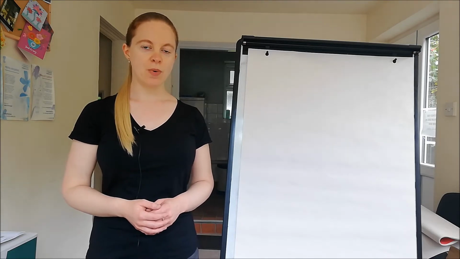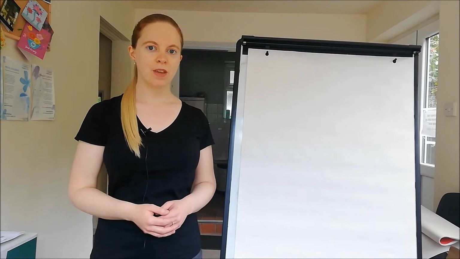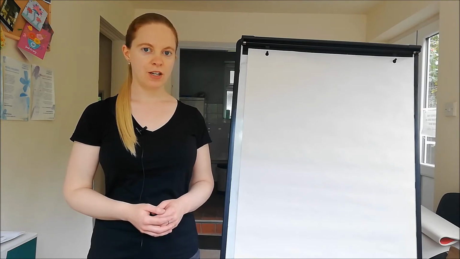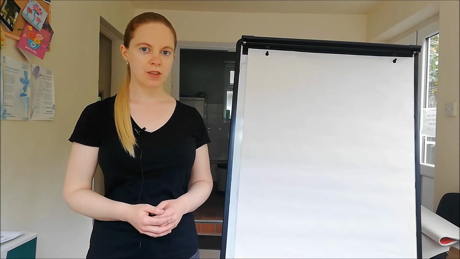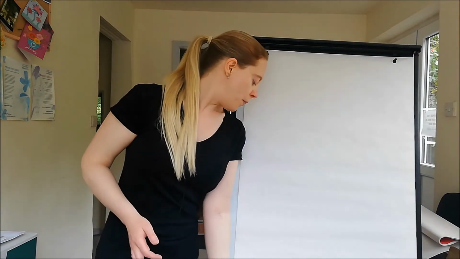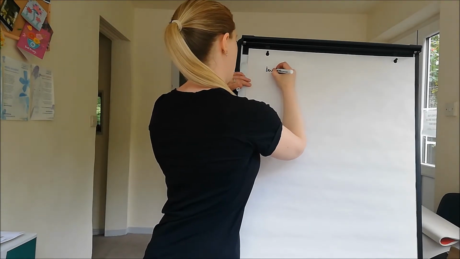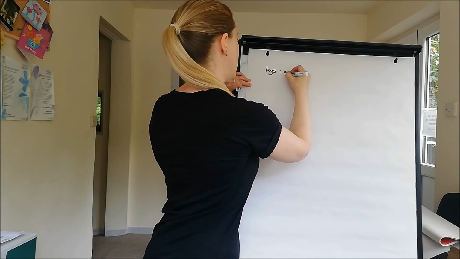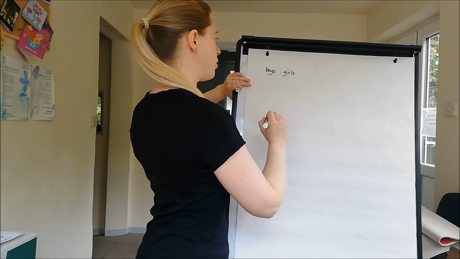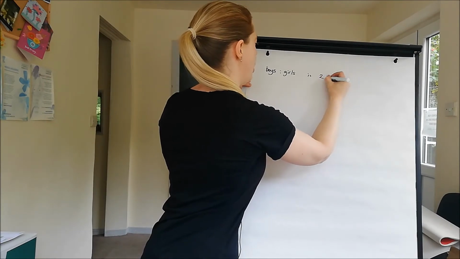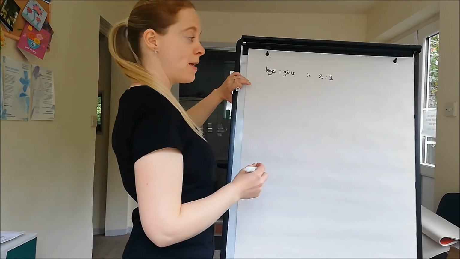And then after that, put on a new line, if there are 2 boys and 3 girls in a group, the ratio of boys to girls is 2 to 3.